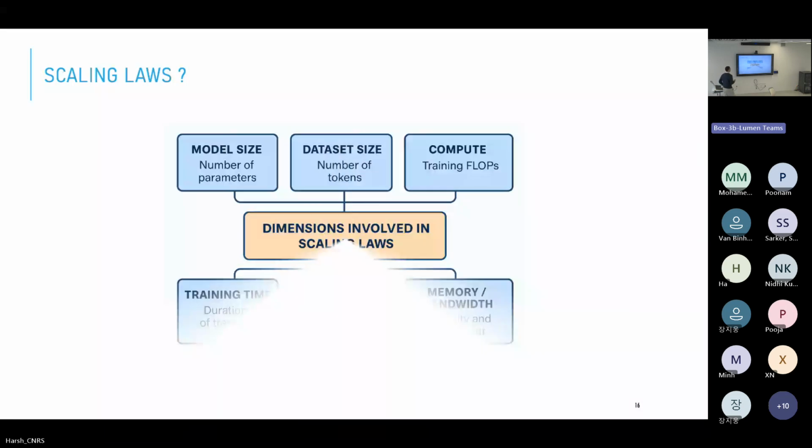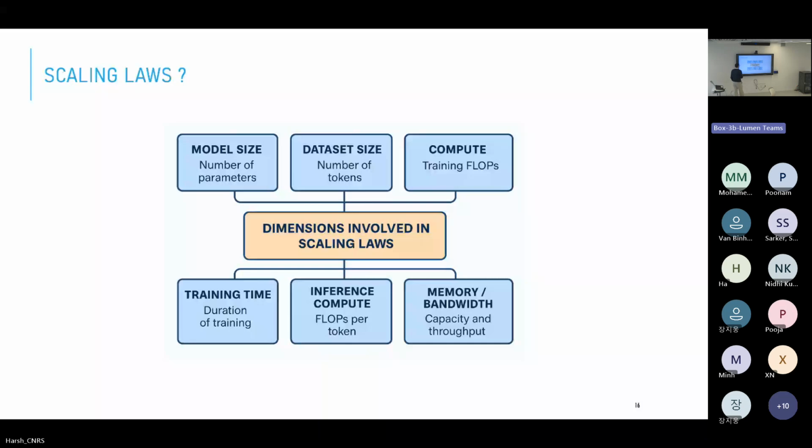In classical compute, there are some things called scaling laws, and these laws are about how many parameters I need to solve a particular problem, or the number of tokens that I require in order to solve that problem, or how much compute I need to solve that problem, and how it scales with the problem size, or how the accuracy of what I want to achieve scales with compute or training time or memory.